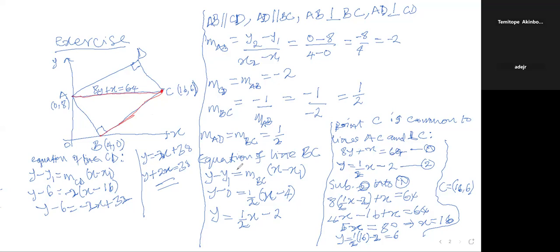The x and y values obtained there will now constitute the coordinate of D. So when you're done, let me know what your x is and what your y is. But first of all, write this, then you continue by solving y plus 2x equals 38 with y plus x equals 64 simultaneously. When you're through with that, let me know.